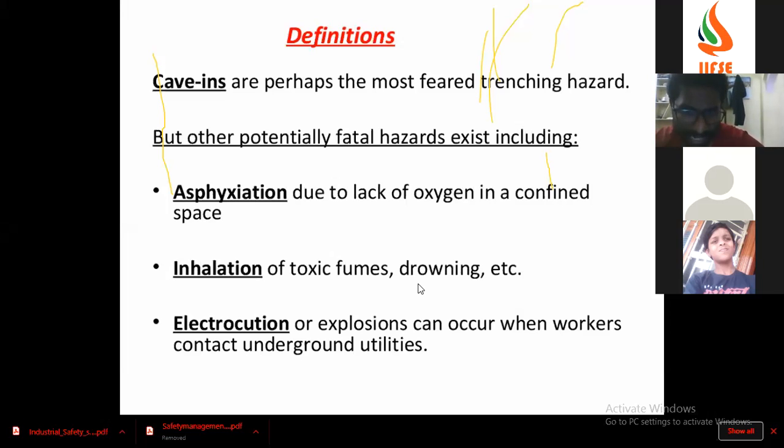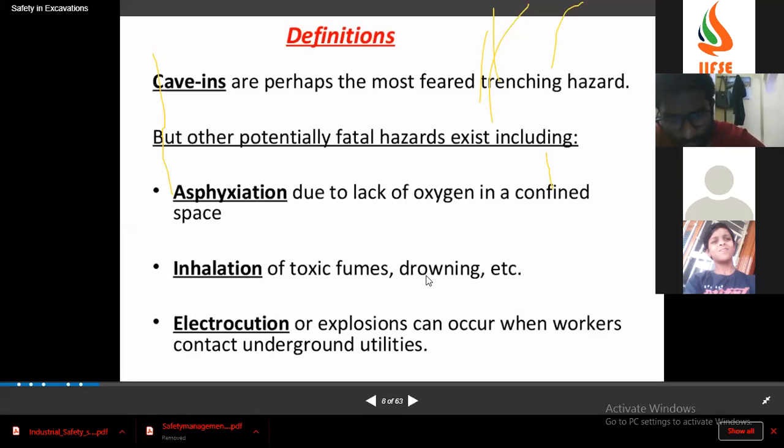They should not get vibrations, and the lake should not flow into the tunnel when they're cutting it. There is a standard requirement for a seaway or a hill tunnel; you have certain recommendations. Fine. Coming to the inhalation of toxic fumes, drowning.